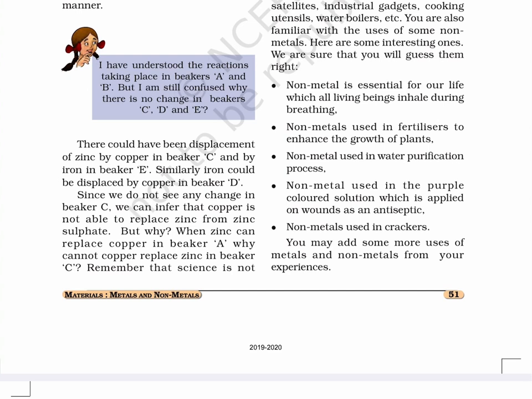But why? When zinc can replace copper in beaker E, why cannot copper replace zinc in beaker C?